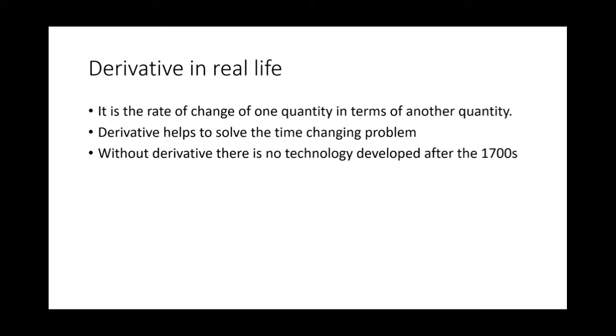So what is a derivative? It is the rate of change of one quantity in terms of another quantity. For example, if you want to know how something changes in time, you usually need to invoke a derivative.